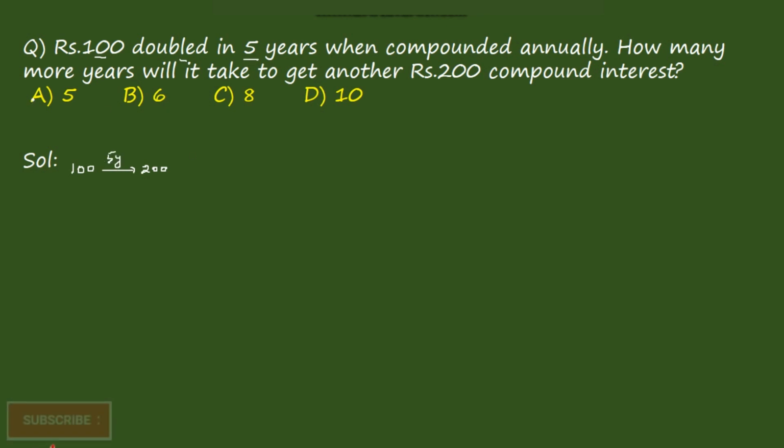Again they are saying how many more years will it take to get another 200, means it should be added with 200, right. It becomes 400, so 200 should become 400. It's nothing but double, so it becomes 5 years only, right. So the answer is option A.